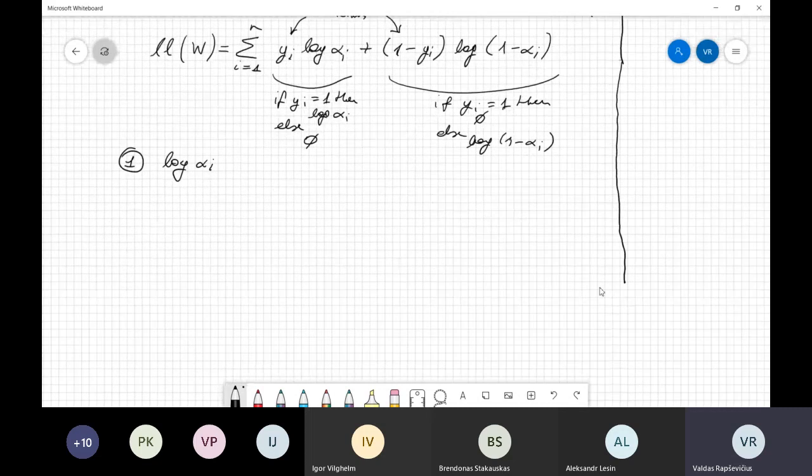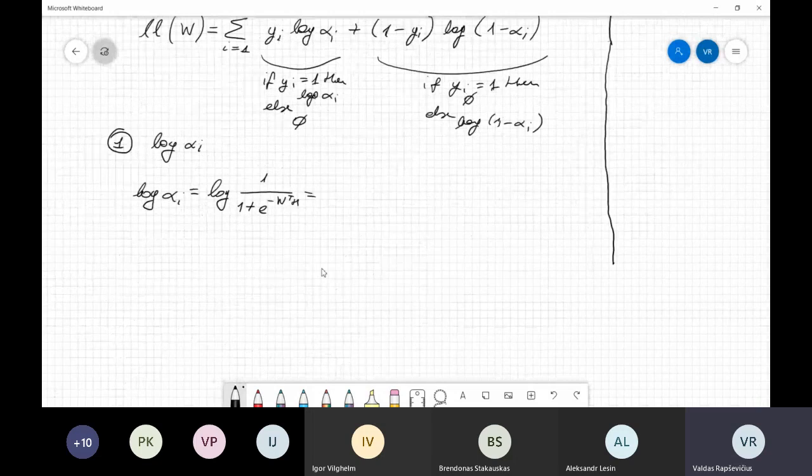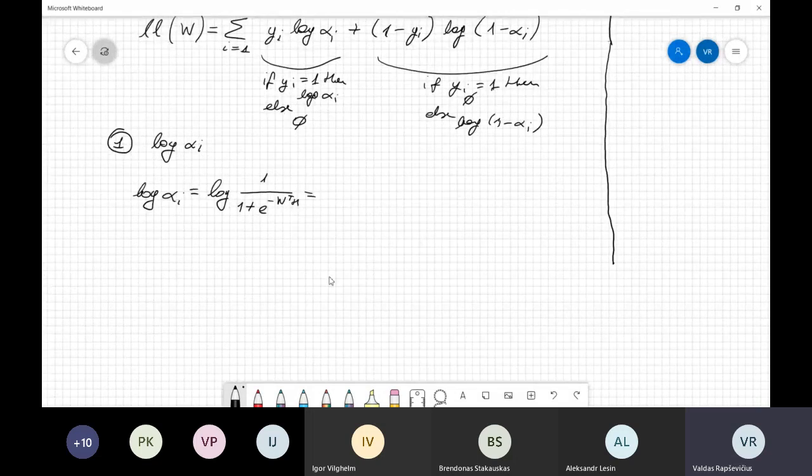We can take this log alpha i, which is equal to log of 1 divided by 1 plus e to the minus W transpose h. I just took the expression we had here and expanded it back, so it's not simple anymore.